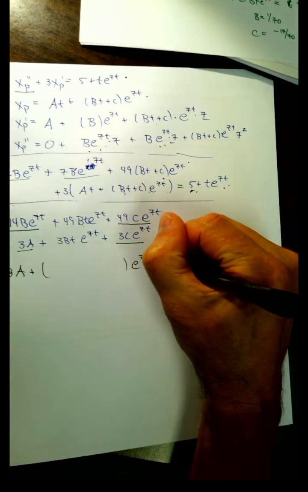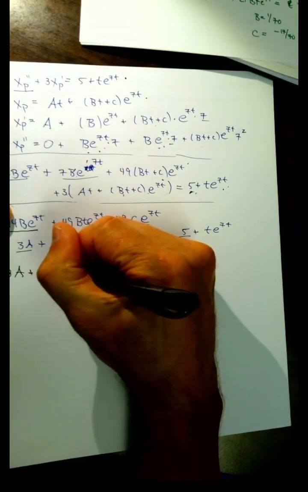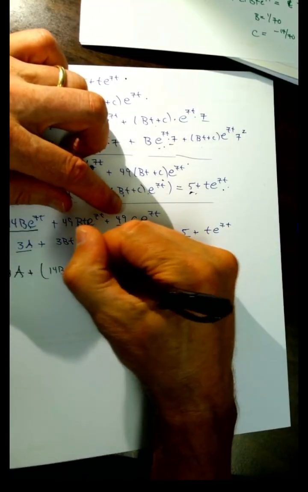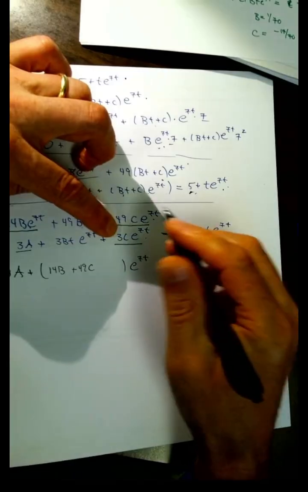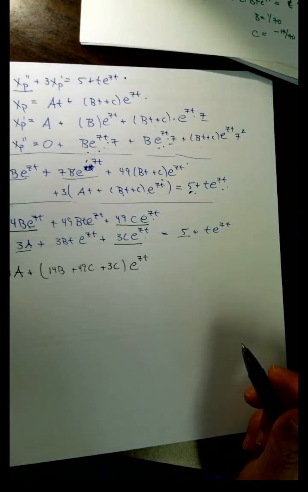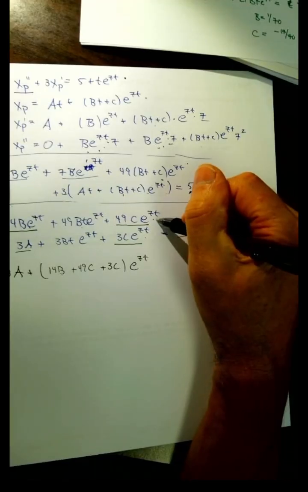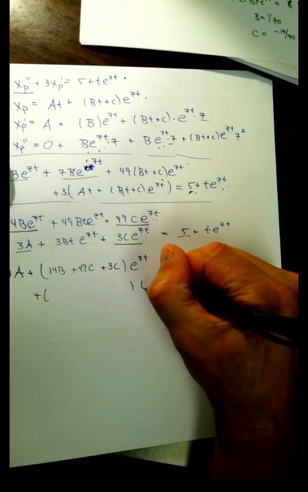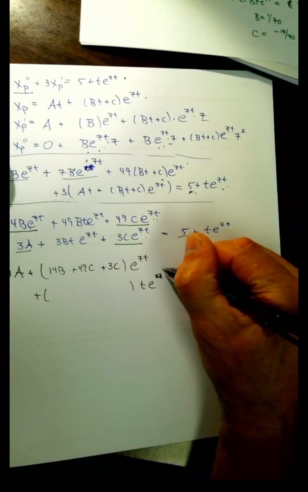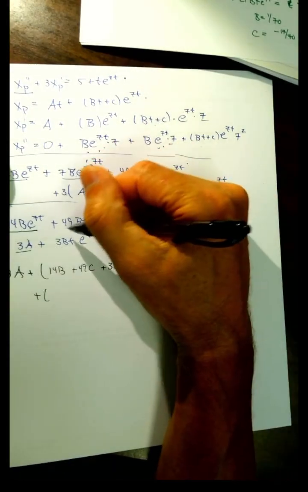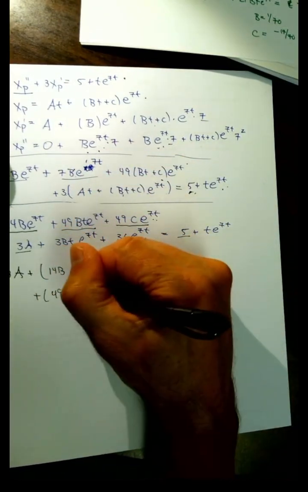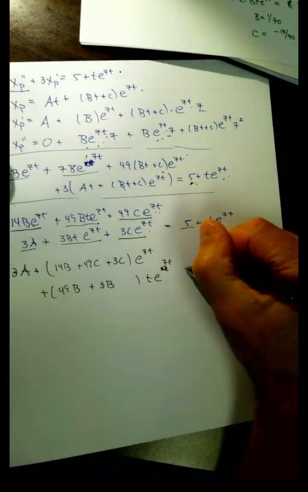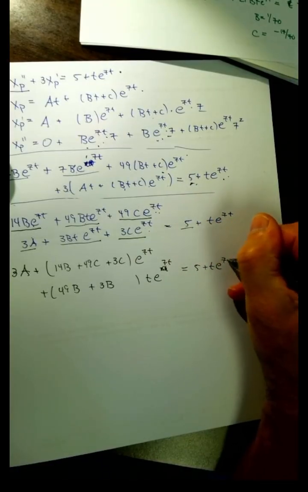Then for my e to the 7t terms, I've got 14B from there, plus 49C, and plus 3C. That takes care of all my constant terms and all of my exponential terms. And then for my terms that look like t e to the 7t, I've got 49B and 3B. All of that adds up to 5 plus t e to the 7t.